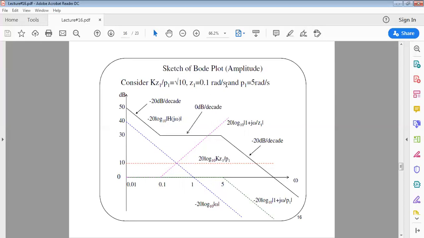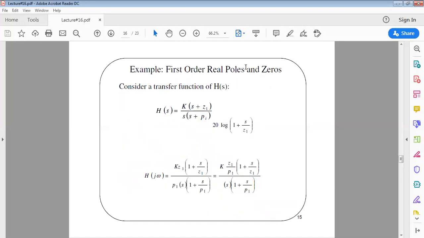These are the given values for the constant, the zero at z1, and the pole at p1. Looking back at the previous equation, we are going to have 4 different plots: a constant, a real zero, a pole at origin, and the real pole at p1.